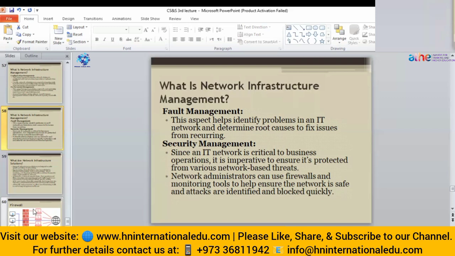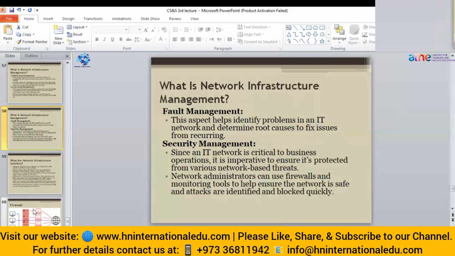Since an IT network is critical to business operations, it is imperative to ensure it's protected from various network-based threats. Banking systems require the most security management because they have sensitive data. Our forces also need proper security management because they also have sensitive data. So the network administrators can use firewalls and monitoring tools to help ensure the network is safe and attacks are identified and blocked quickly.